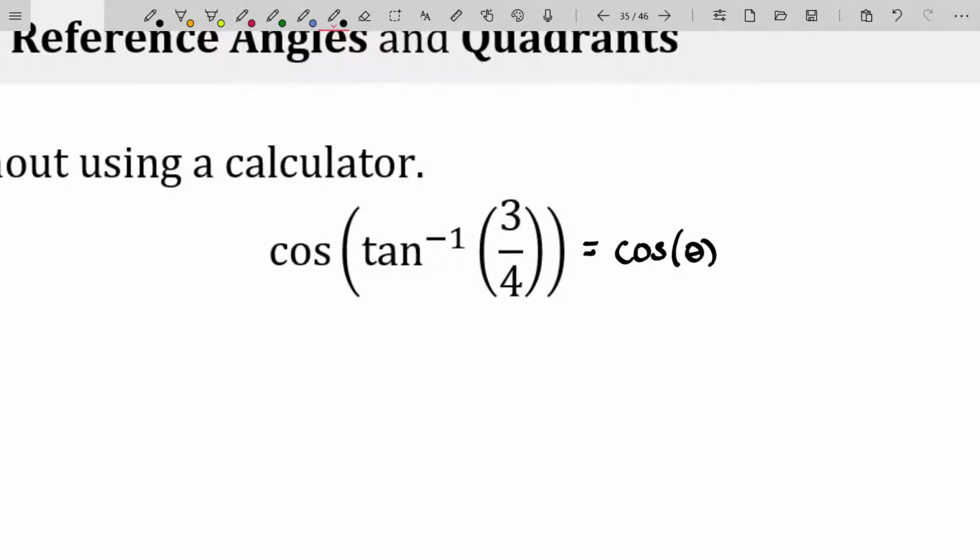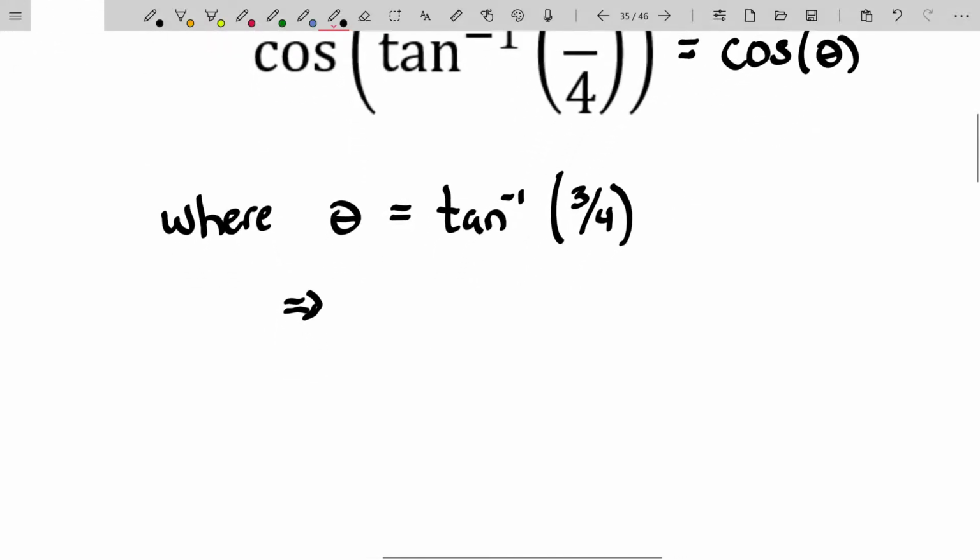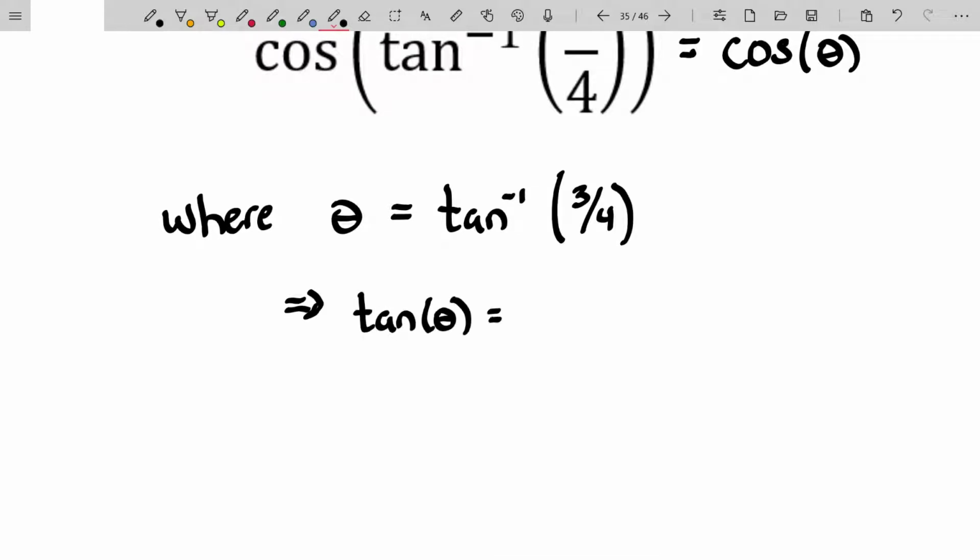And then I state to the world, oh, by the way, if you're curious, that angle is equal to the tangent inverse of 3/4. Which implies, by the true definition of an inverse function, that the tangent of that angle must equal 3/4.